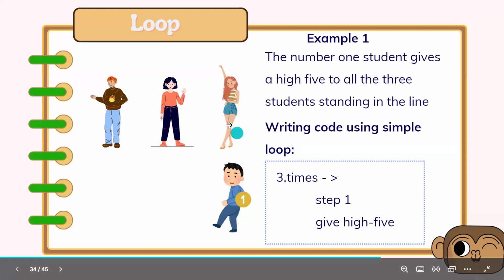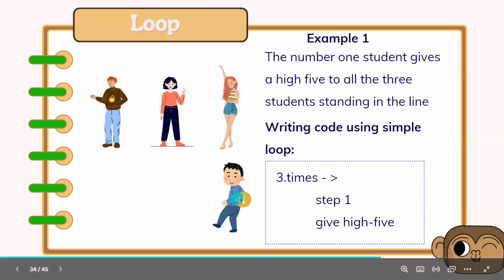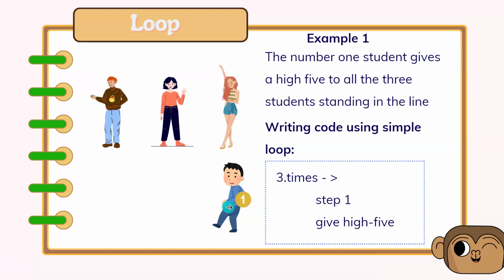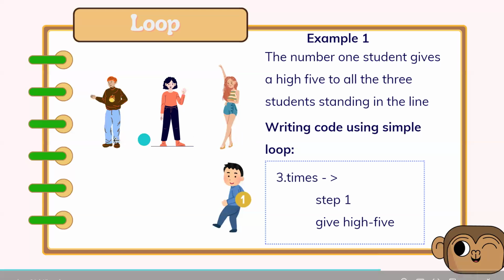Then the student follows the same steps, moving the same steps to give a high five to the remaining two students. First, step one, high five, and three times. In the for loop it will write code like this. The for loop can be used like a simple times loop because it's quite easy to move.